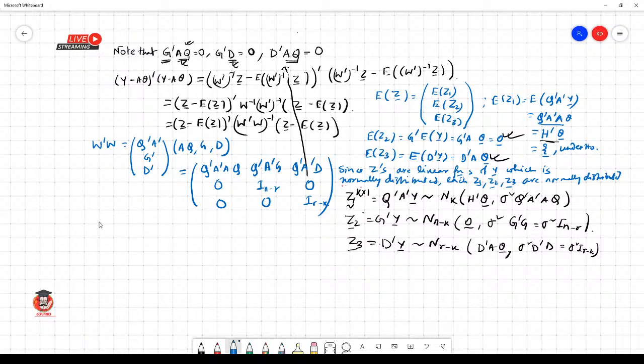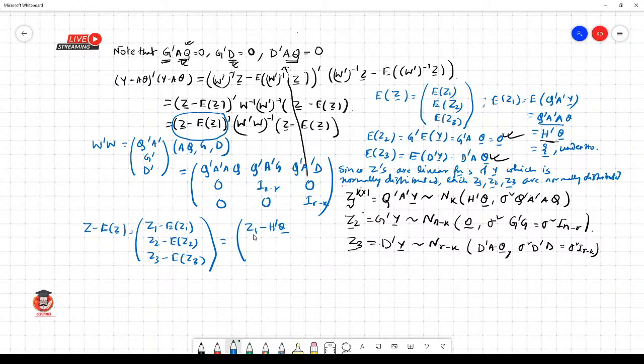So this Z prime expectation of Z, this is Z1 minus H prime theta curl, Z2, Z3, D prime A theta curl.